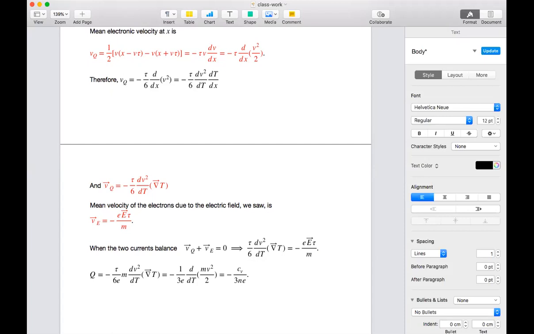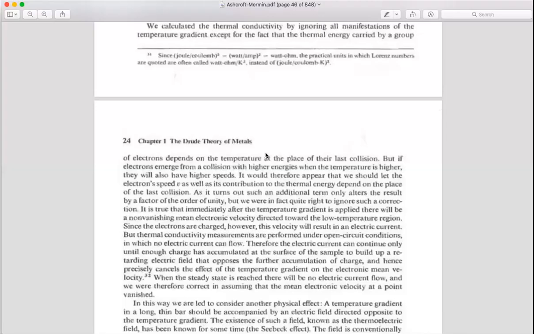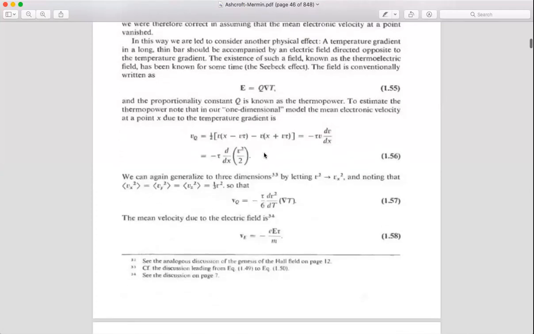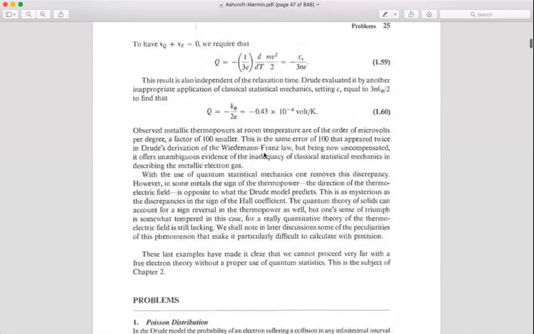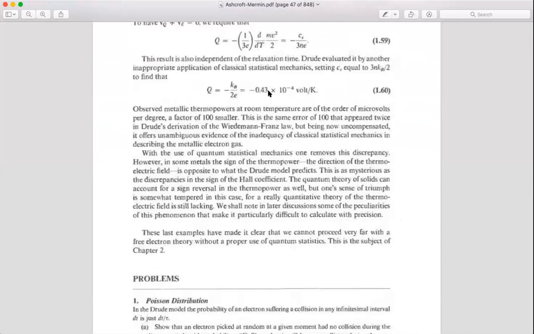So let us look at some numbers. Yeah, so here are some numbers. This is the expression we obtained. You can write Cv in terms of n kB, 3 by 2 n kB, and so on. So you'll get this. It's a constant, okay?